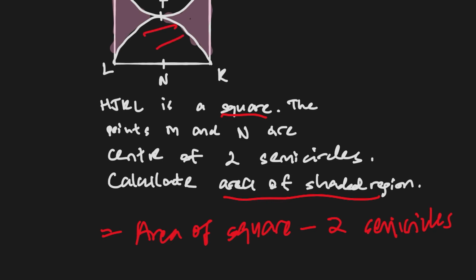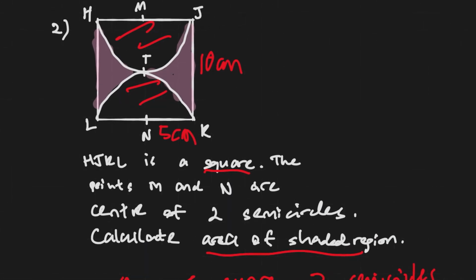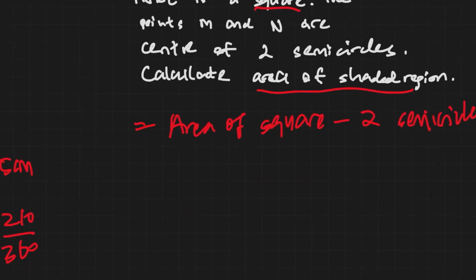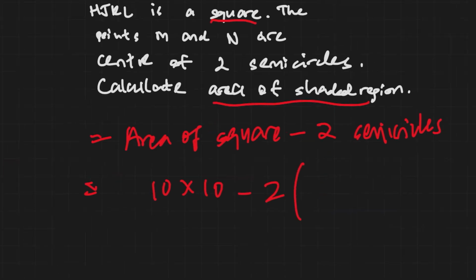So how do you find the area of the square? I forgot to put down that this here is 10 centimeters and therefore this is 5 centimeters. Okay, so you can see here this is 10 and this is 5 centimeters. So therefore we're going to find the area of the square, which is 10 times 10, minus 2 multiplied by the semicircle.